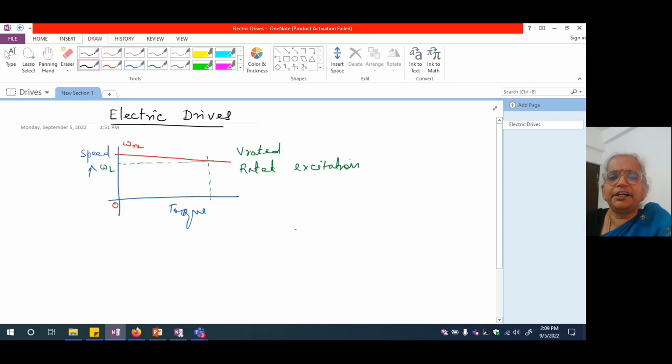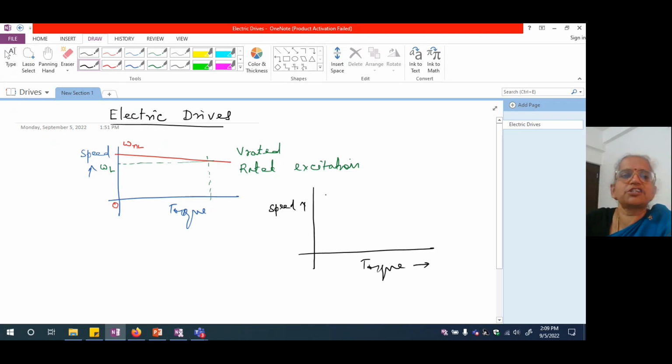On the other hand, if I look at a three-phase induction motor, I can draw the speed variation for a particular torque variation, and I'm going to have the characteristics somewhat like this. I'm sure all of you must have studied about the three-phase induction motor. This corresponds to synchronous speed, which is decided by the frequency and the number of poles.